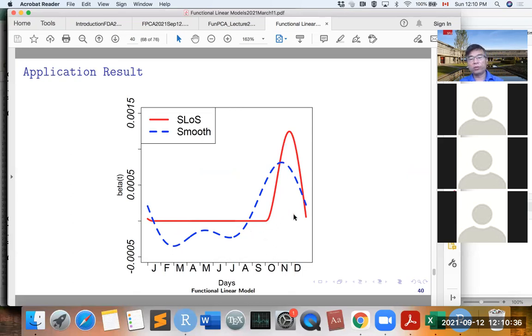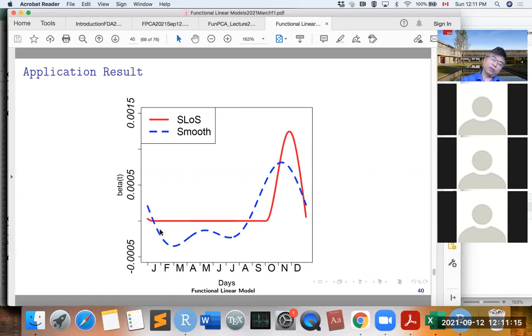Only October to December have positive values. It means that the temperature has a positive effect on the annual precipitation from October to December, and the temperature from January to September has no effect on the annual precipitation. This is consistent with our previous results.